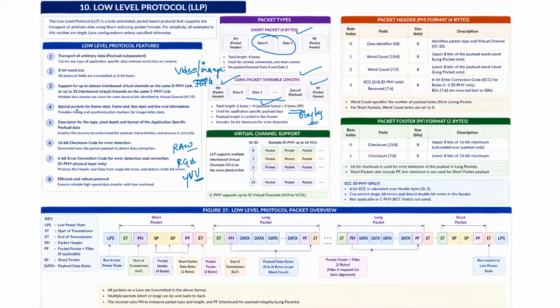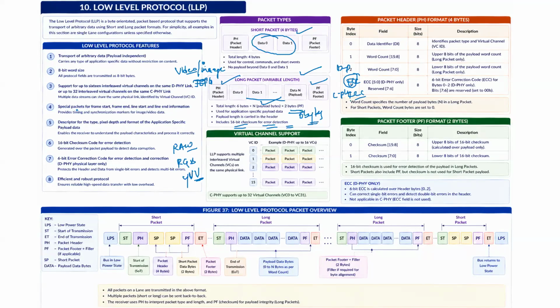Including that, we are also including a checksum. That means error detection codes are also included: ECC data and CRC data. ECC for the D file layer and CRC for the C file layer.